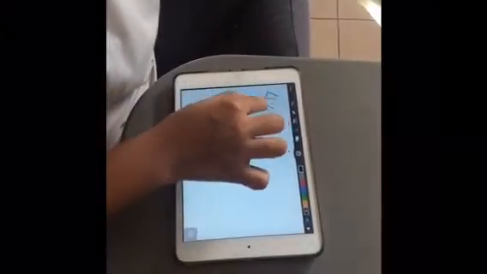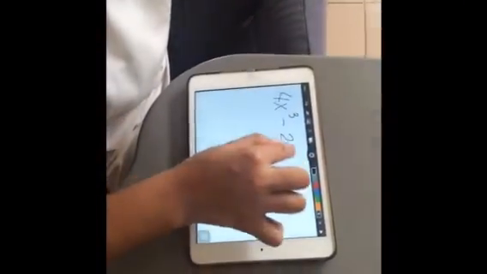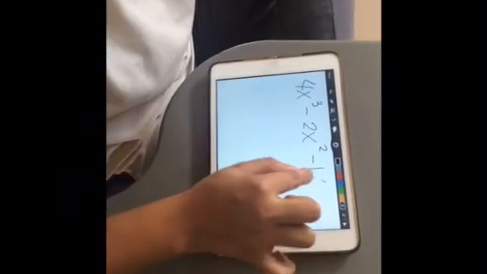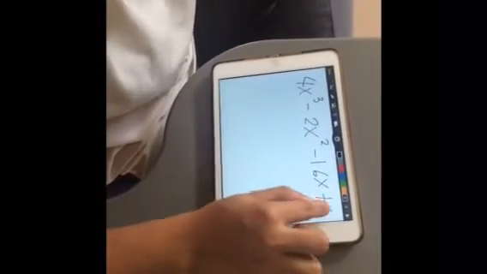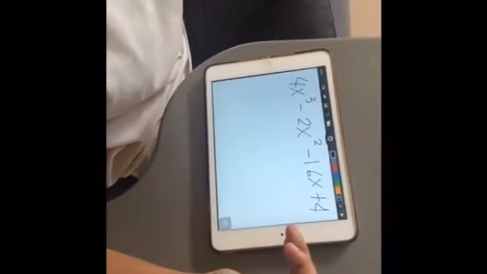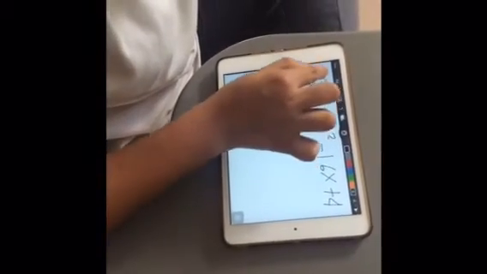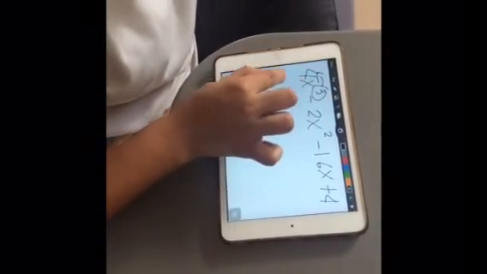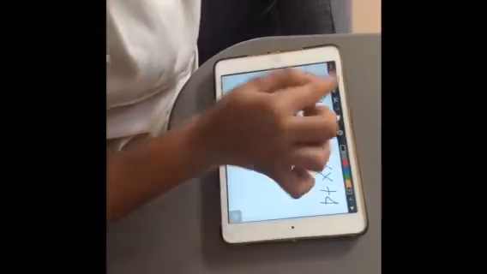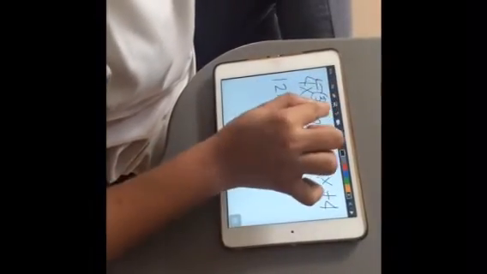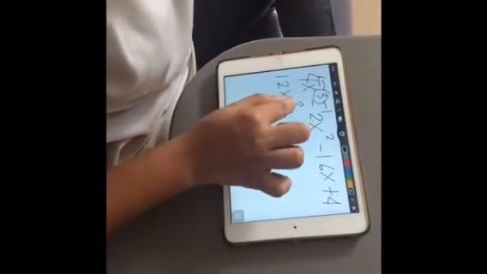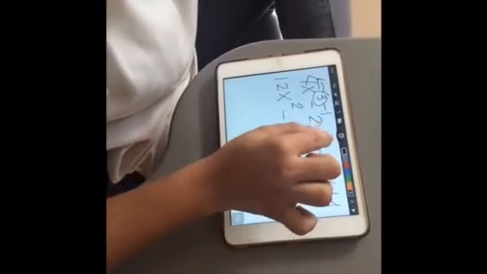Given is 4x cubed minus 2x squared minus 16x plus 4. So we have to find the first derivative of our given. So we have to multiply the 3 to the 4, so it becomes 12x. So we have to subtract 1 from the exponent and it will become squared, minus 4.